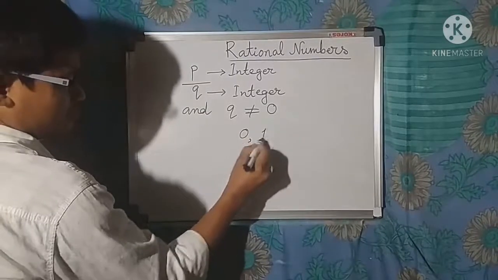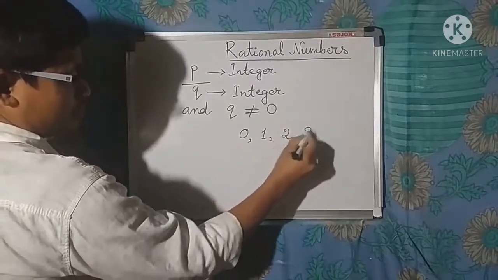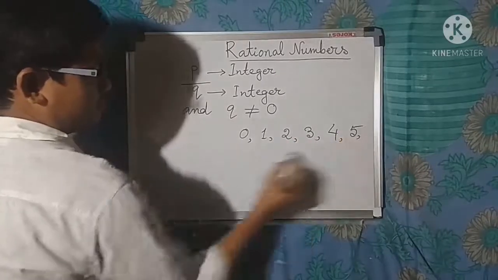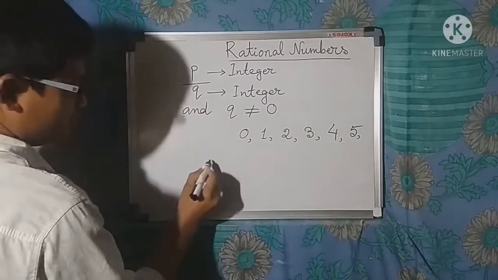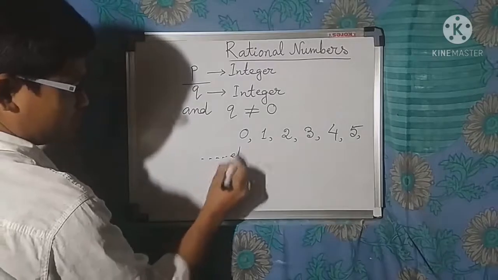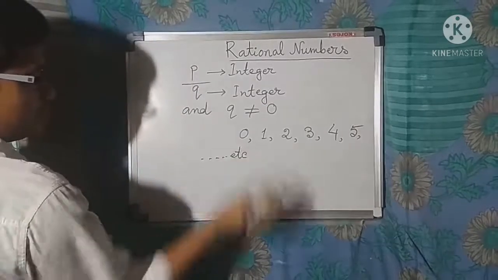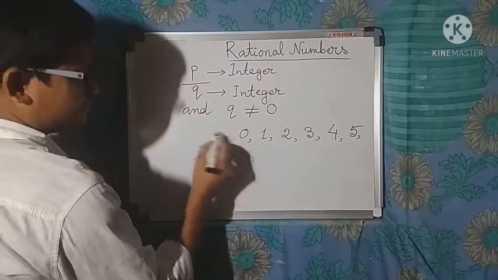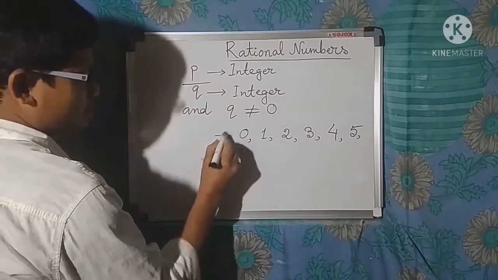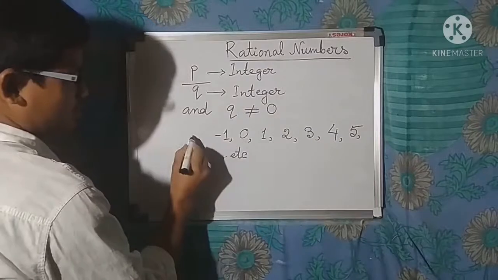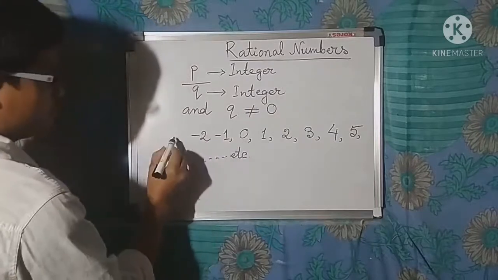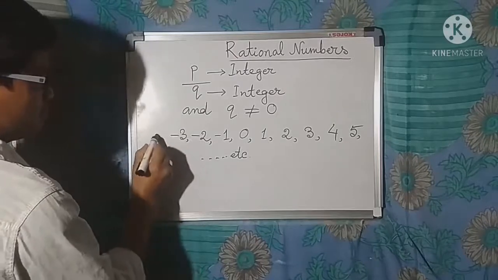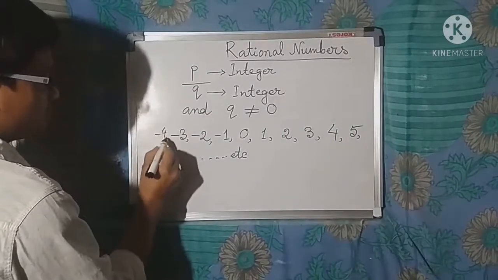Zero, 1, 2, 3, 4, 5, etc. And on the left side of 0, minus 1, minus 2, minus 3, minus 4.